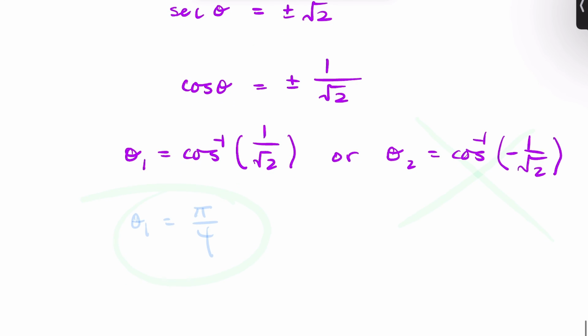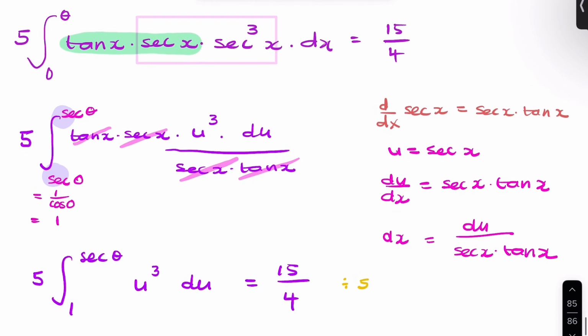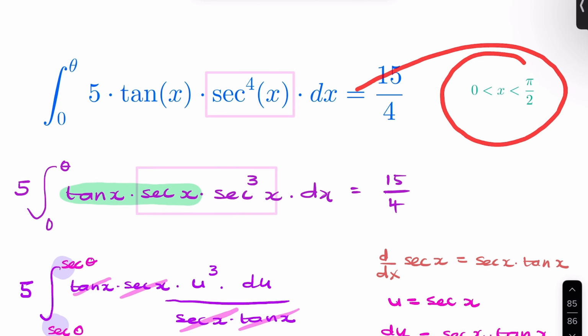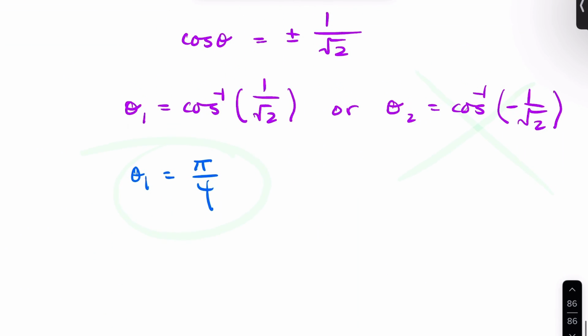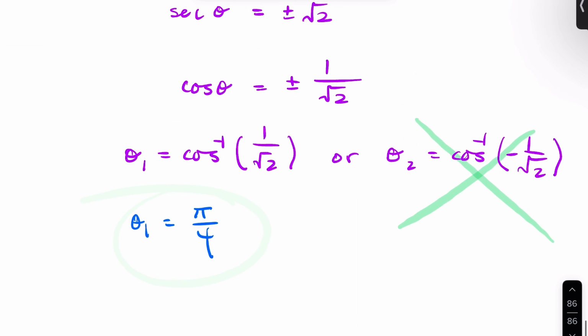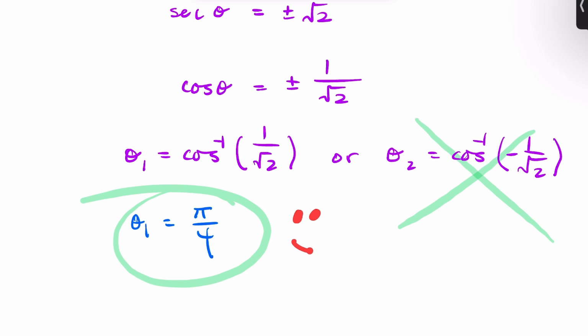So the inverse cosine of 1 over root 2 is pi over 4 in radians, and in the range of 0 to pi over 2, cosine is never negative, so that is out of the range. So that is your final answer. Theta equals pi over 4. So that's the answer to this question.